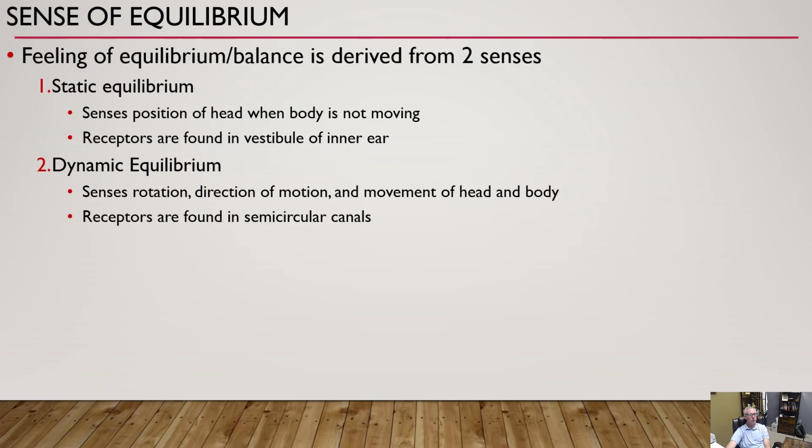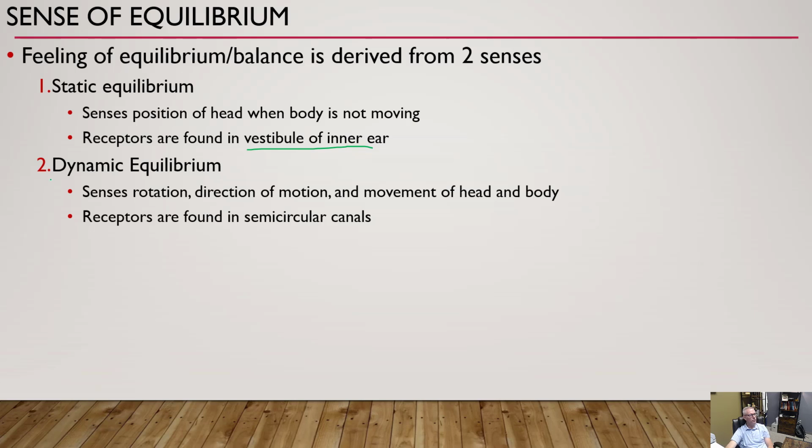All right, so I mentioned that the ear does 2 types of equilibrium, static equilibrium and dynamic equilibrium. So static equilibrium is basically what is your body doing if your head is still. And it says that these receptors are found in the vestibule of the inner ear. And we'll talk about these vestibule things.